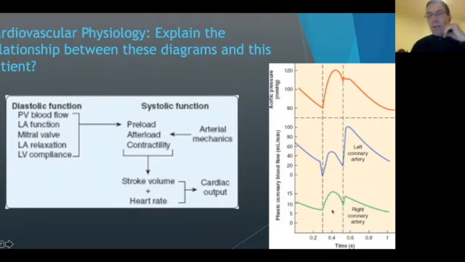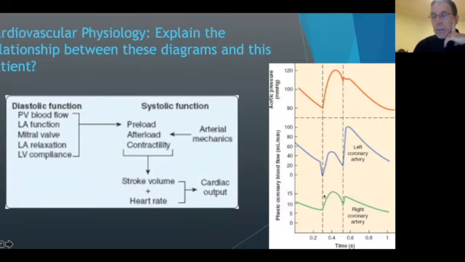So again, right coronary artery is kind of equal. Systolic and diastolic pressure is important. Left coronary, obviously systolic pressure is important, but the diastolic pressure is very important for the left coronary. And that's because the left ventricle relaxes during diastole, and then you can perfuse it.